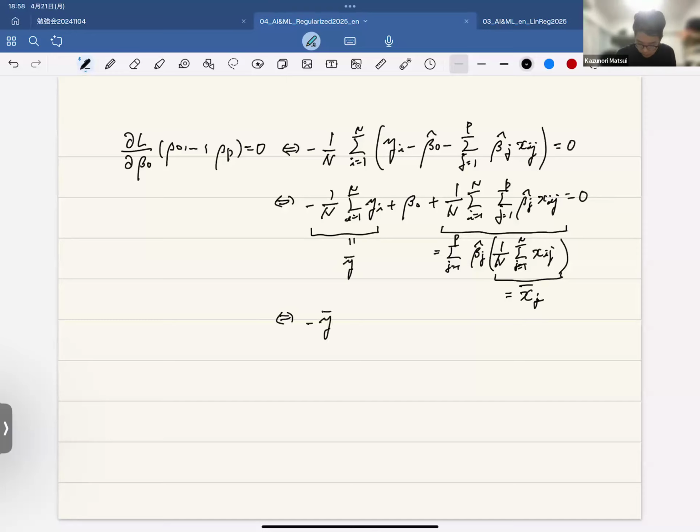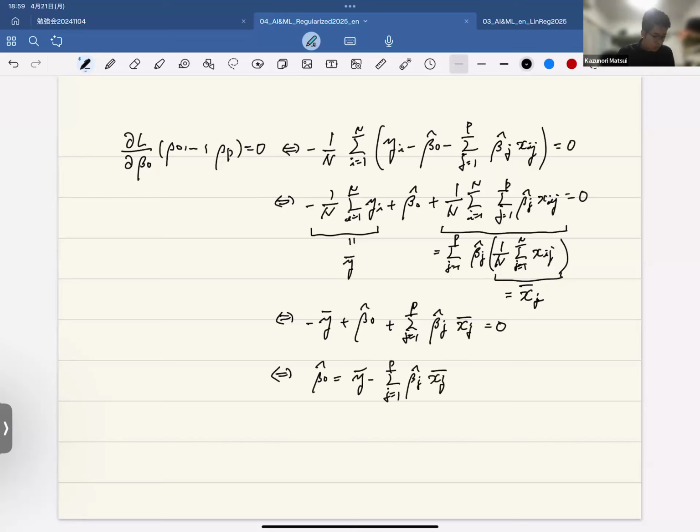Therefore, we obtain minus y bar plus beta 0 hat, I forgot the hat, plus the sum over j of beta j hat x j bar, equals 0. So using the means, it becomes like this. This means that beta 0 can be written using beta 1 through beta p.